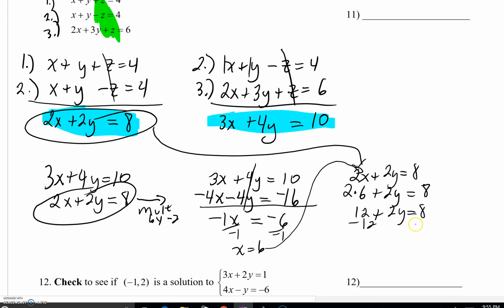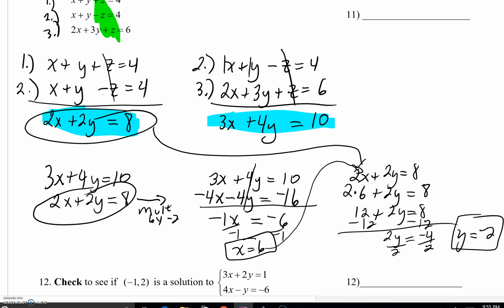And I can minus a 12. 8 minus 12 is -4. Divide by a 2, you'd have y is equal to -2. So these are good things, don't get me wrong. You're dealing with two variables solved. You still need to find out what z is.